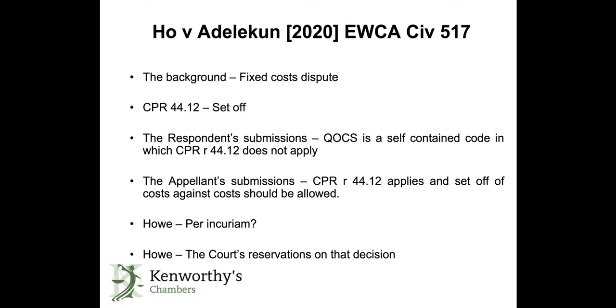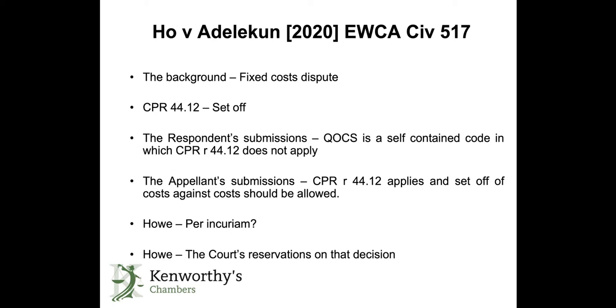So the result of the Court of Appeal's finding in Part 1 was that both parties had a cost order. The claimant was entitled to the costs of the personal injury claim, and the defendant was entitled to the costs of the appeal proceedings.